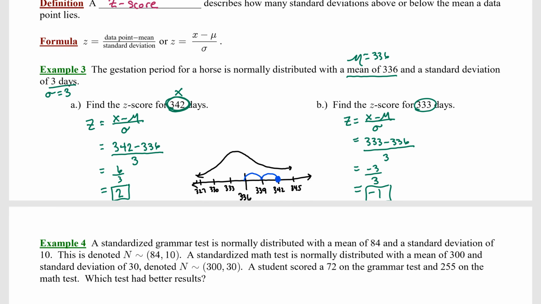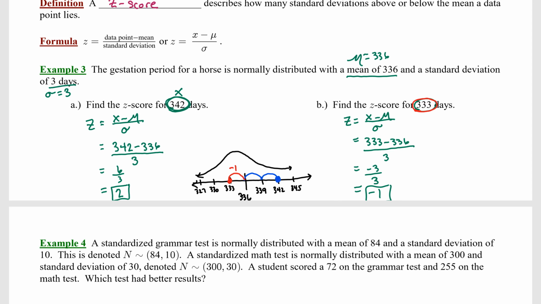How do we interpret that z-score? Well, if we look at the graph, we're working with 333 days. So here's where 333 days lands on the graph. This means the z-score is negative 1 because notice we are 1 standard deviation below the mean.